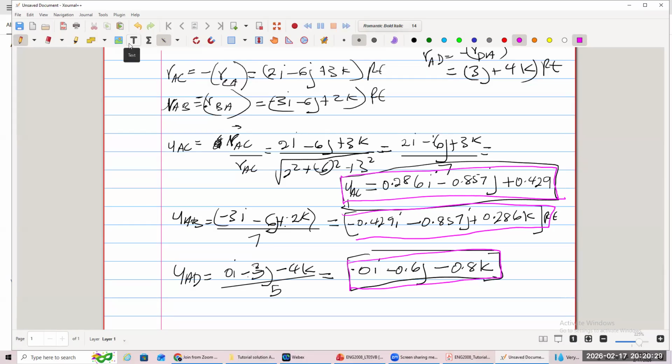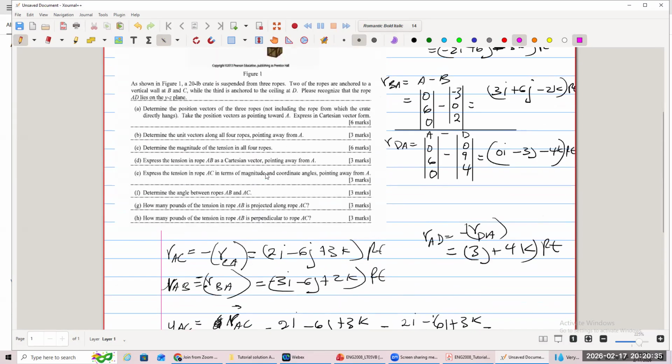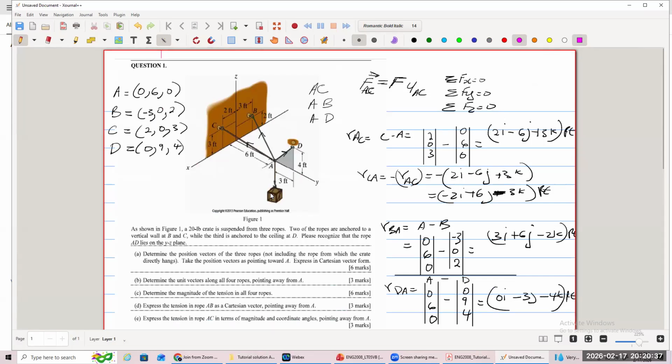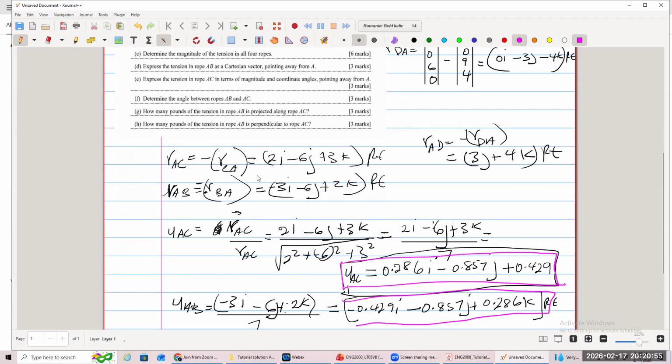However, there's a last line we didn't do. The line that is intersecting is the line here. We don't want the tension in this, but at least we need the unit vector for this line. So the unit vector for this line would be 0, 0, minus 1 going down.